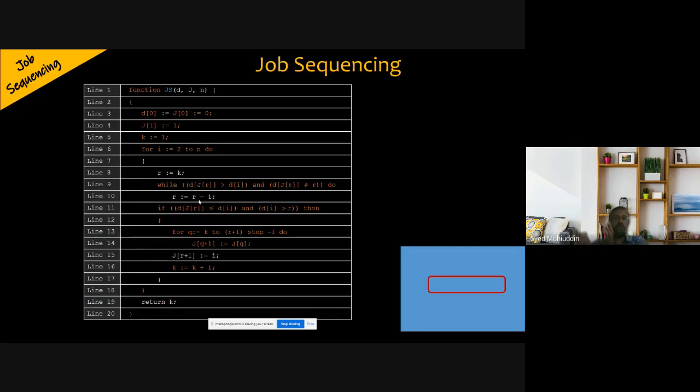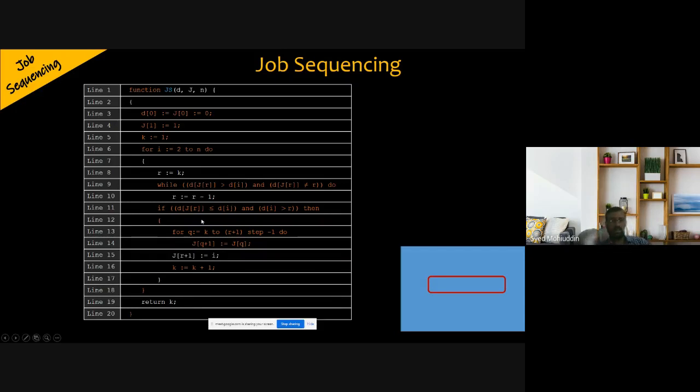Where did we put J1? The last slot of its deadline. Then if this is full, we move to the left position. So R equal to R minus 1. We are decrementing the slots. R is just like a slot.